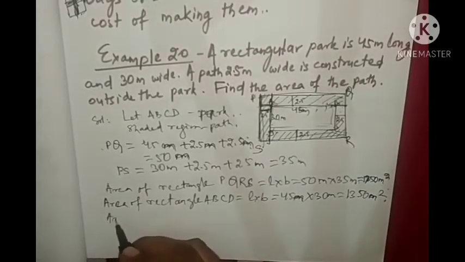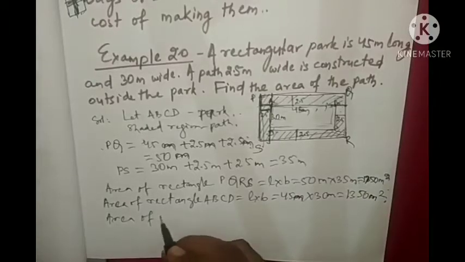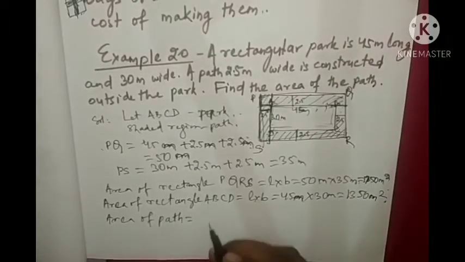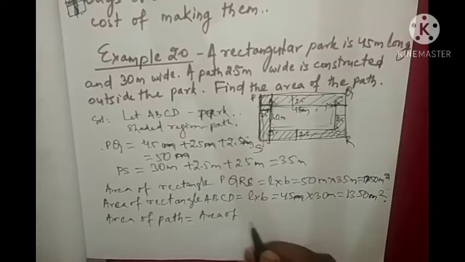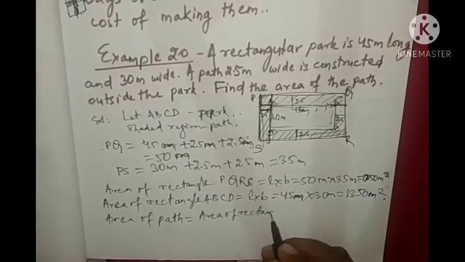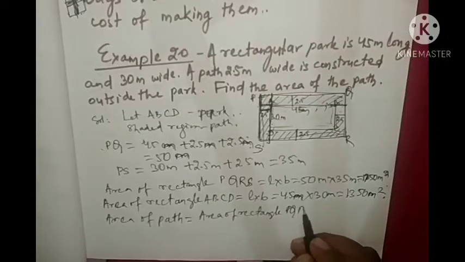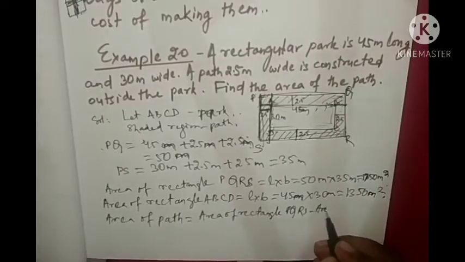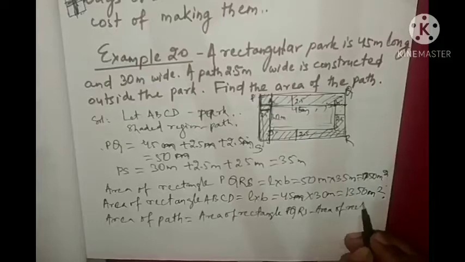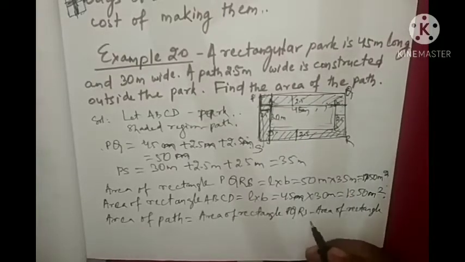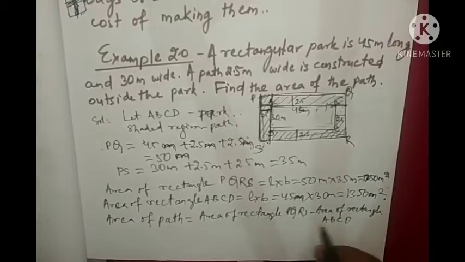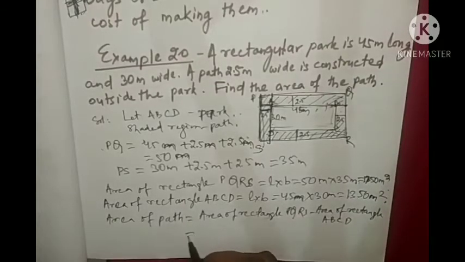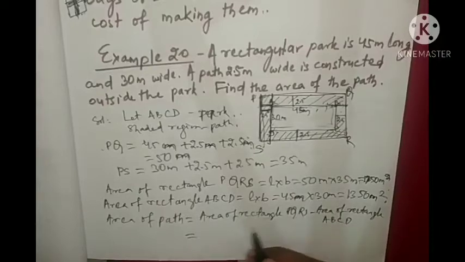Now the area of the path is equal to the area of rectangle PQRS minus the area of rectangle ABCD, meaning the area of the bigger rectangle minus the area of the smaller rectangle. Now the area of the bigger rectangle is how much?